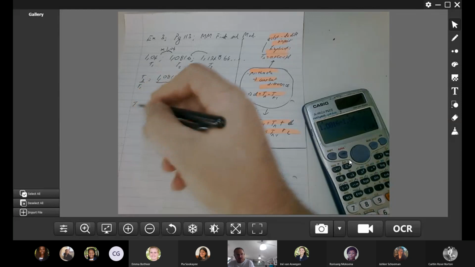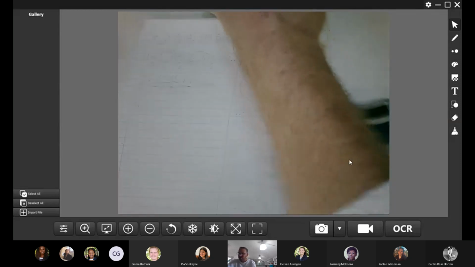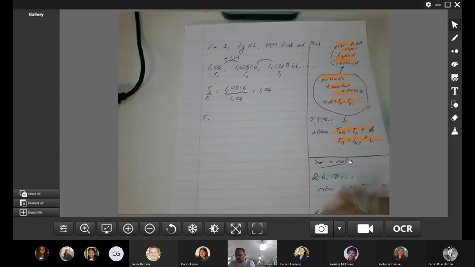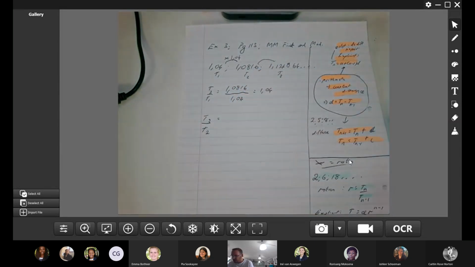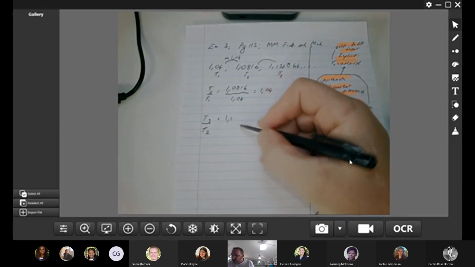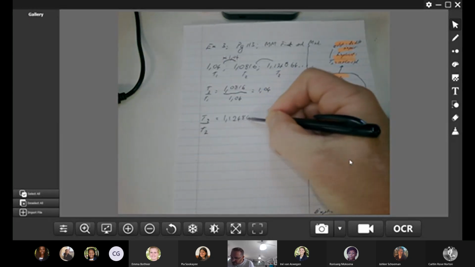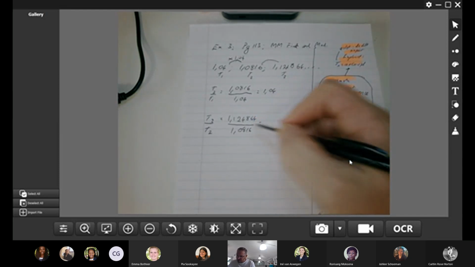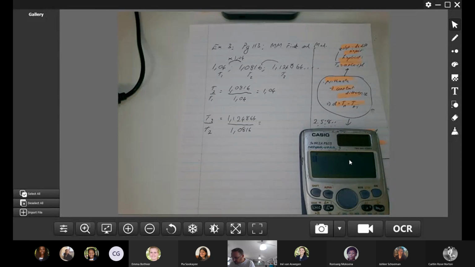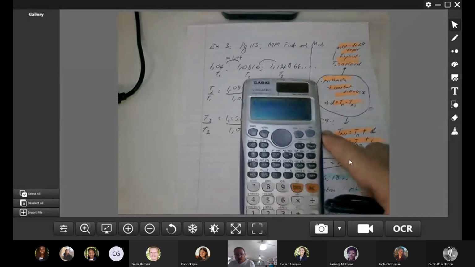To check if it's working, we go term 3 divided by term 2. Term 3 is 1.124864 divided by 1.0816. Chuck that into your calculator, and hopefully I get 1.04 again, and I do.